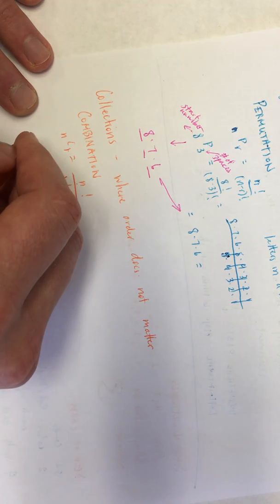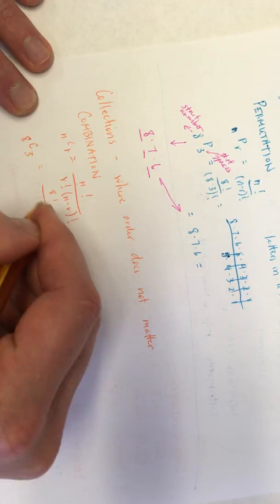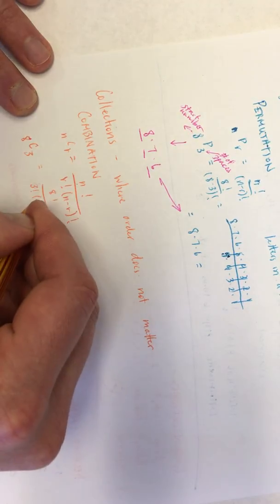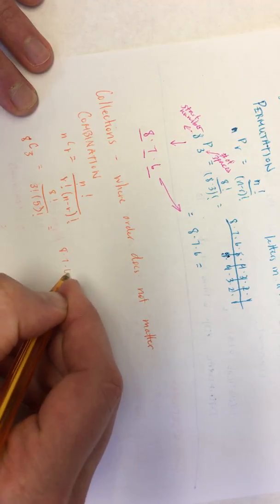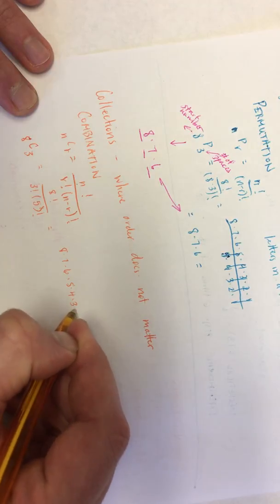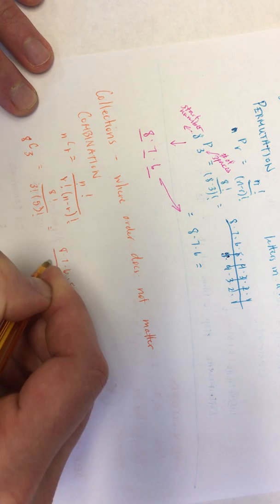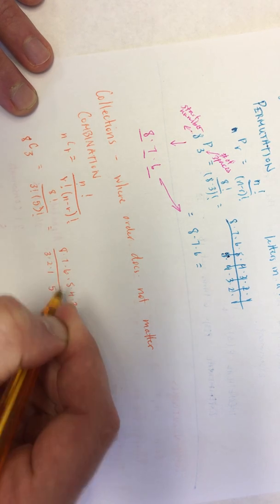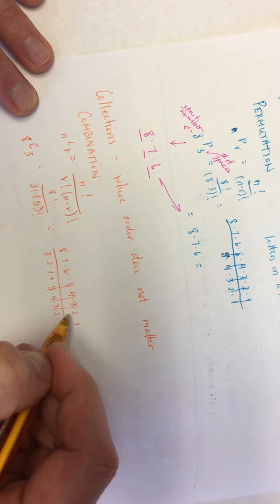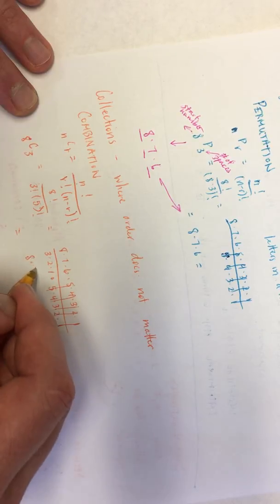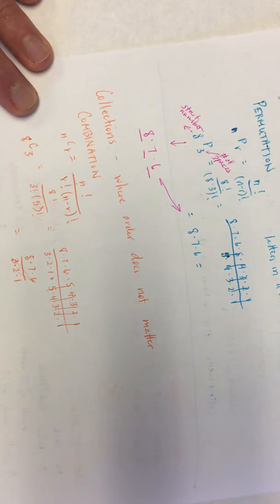And so if we kept it with the same example, you have 8 choose 3. That would be 8 factorial divided by 3 factorial times 5 factorial, which is 8, 7, 6, 5, 4, 3, 2, 1 over 5, 4, 3, 2, 1 divided by 3 times 2 times 1. Boom. So there's the 3 factorial, there's the 5 factorial. These simplify out. I'm left with 8 times 7 times 6 divided by 3 times 2 times 1. And you can simplify things from there.